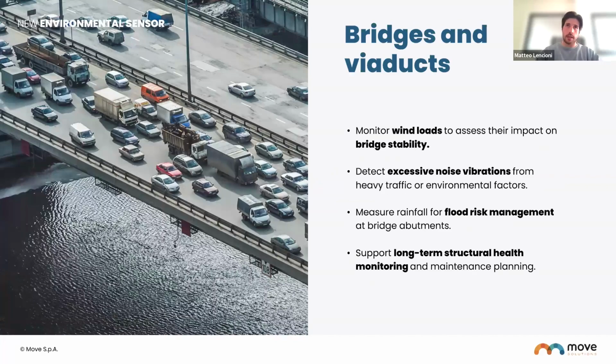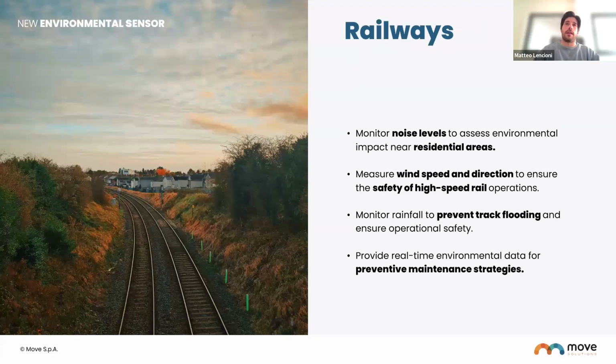Bridges, here I'm thinking of more of a weather station type of application, but also noise monitoring and particulate matter. And then railways, again, noise monitoring, wind speed and wind direction, and so on. But there are a lot more applications, just a couple of examples.